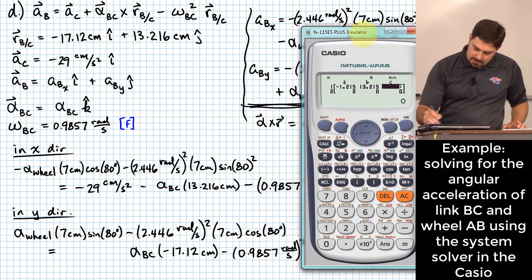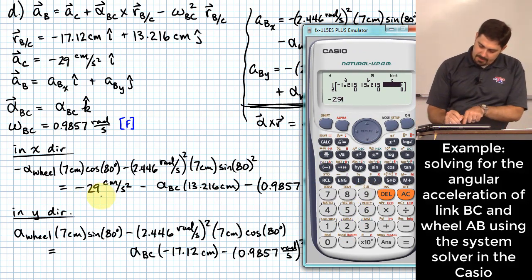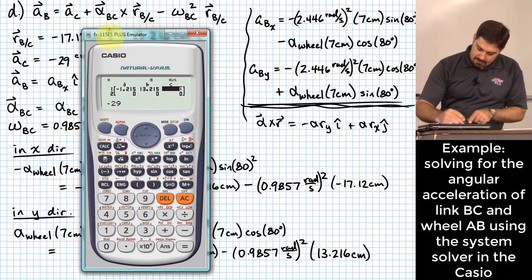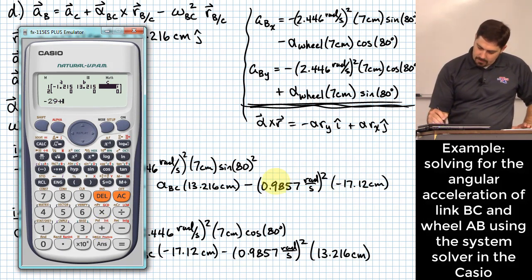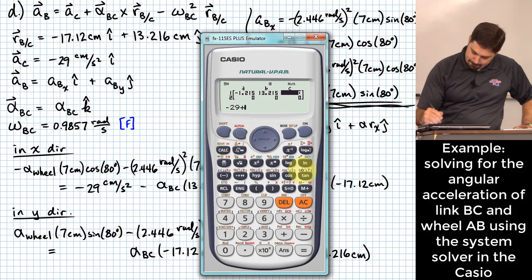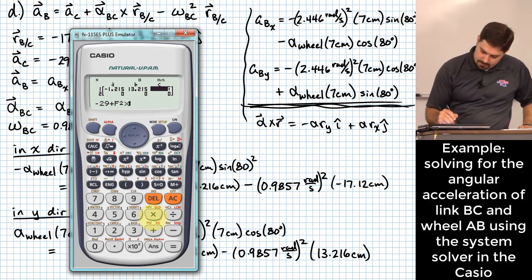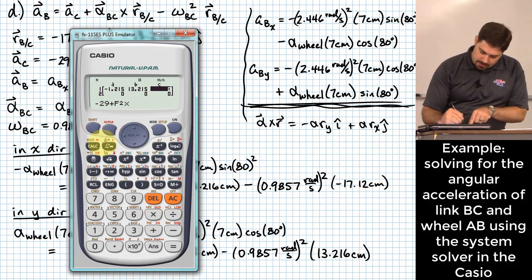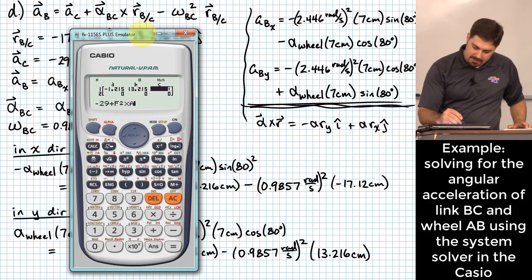Now I need to put a -29 as far as one of my constant terms over here. I also need a positive 0.9857, which I had stored in F. That's going to be squared, times 17.12, which I had stored in A. Okay, so that's my next term.